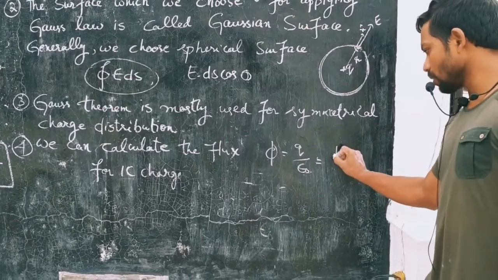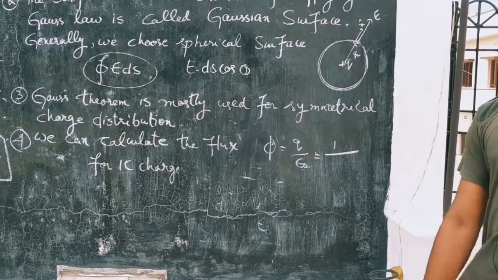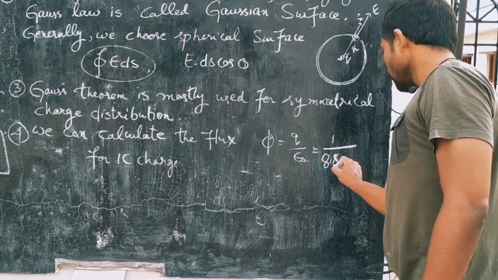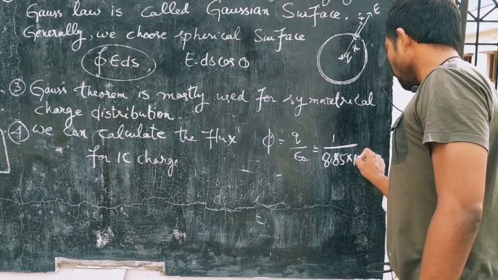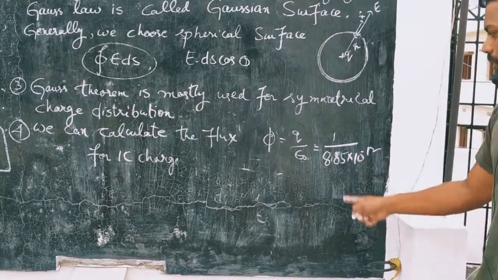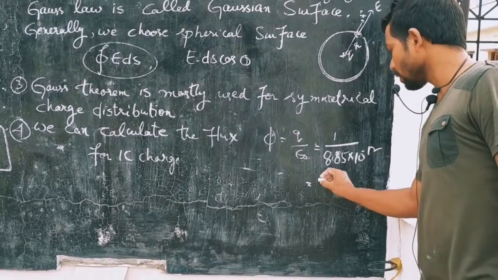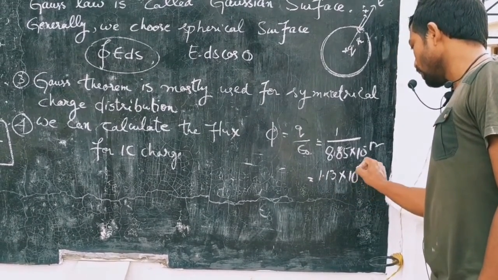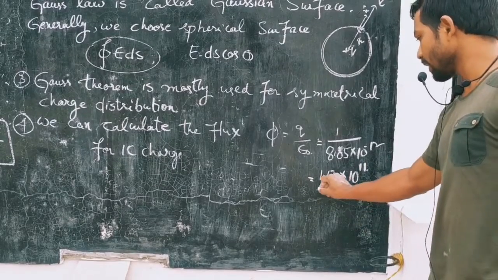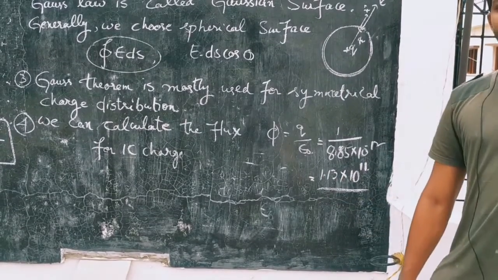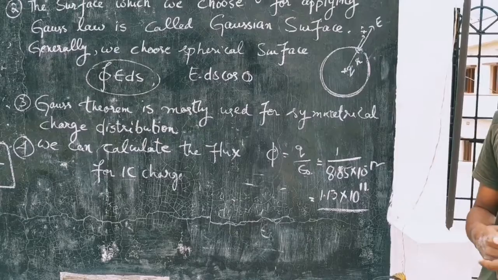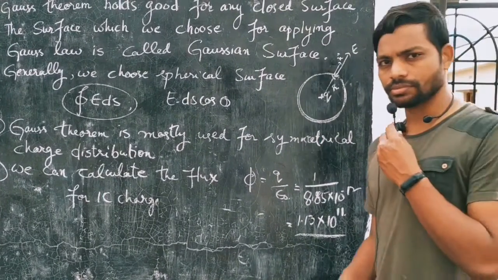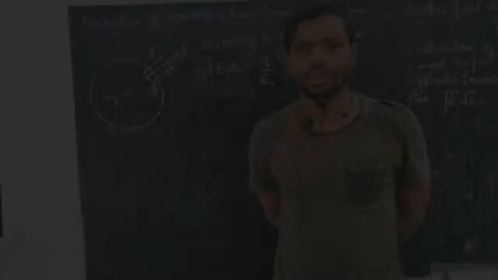If charge is 1, we know the value of epsilon naught is around 8.85 into 10 to the power of minus 12. If we simplify it further, we get 1.13 into 10 to the power of 11. So these many electric field lines come out of a surface if 1 coulomb of charge is enclosed inside the surface. I hope you understood this.